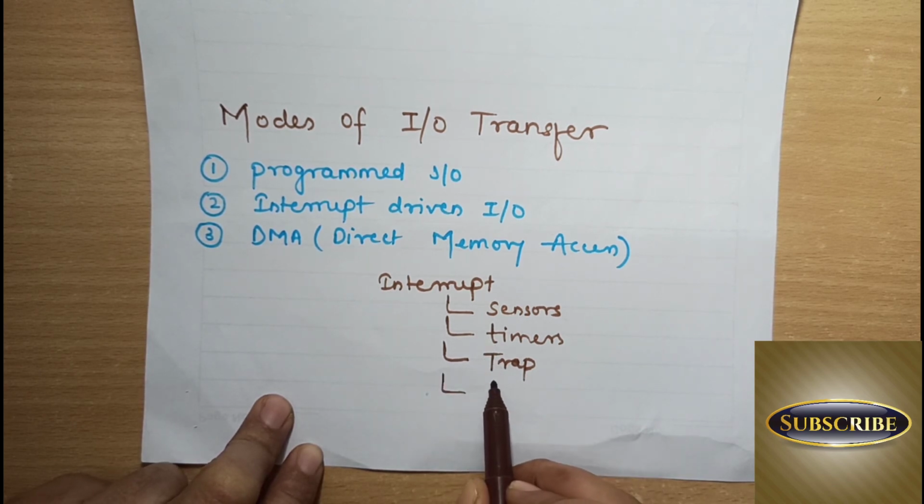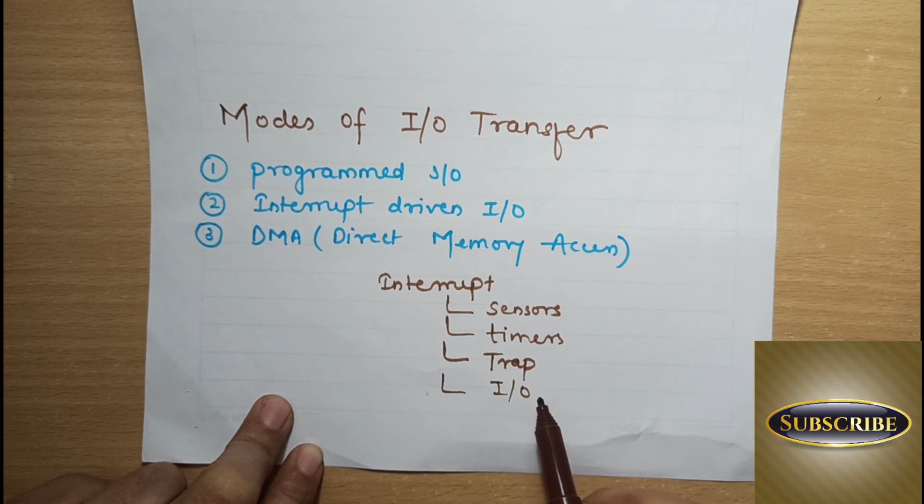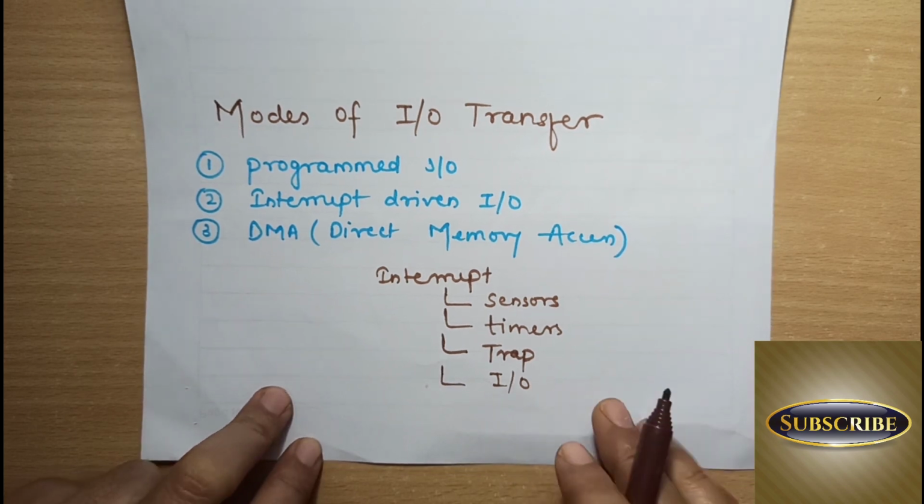And the last one is what we are reading, that is IO. The IO devices can also create interrupt. Okay, IO devices, to communicate with the CPU, can also generate interrupt. So there are various IO devices.